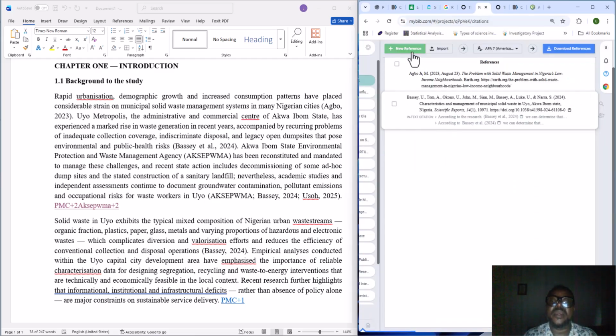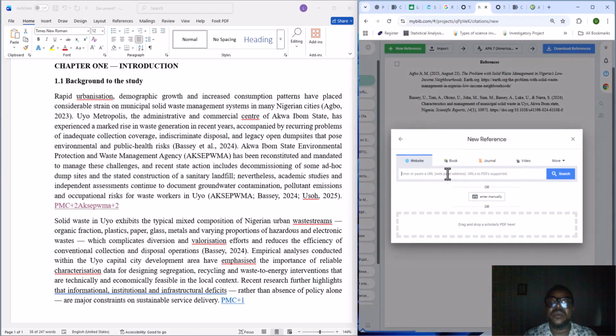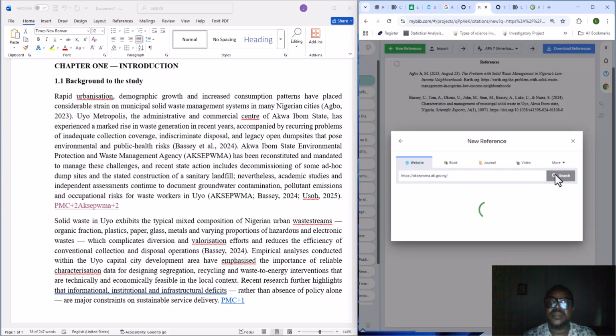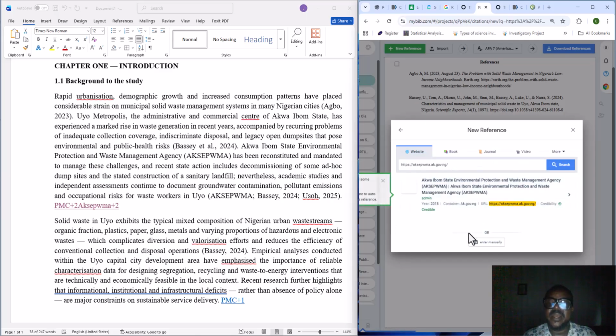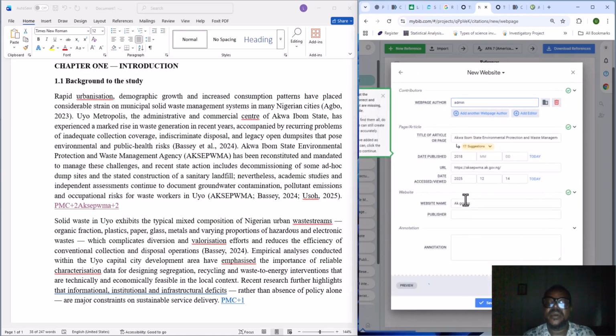And we add, this time around it is actually a website, so we choose web content and search, and it is credible. Are you seeing? So who are we going to cite here? The author of this page is actually the website itself, which is ACSEP-WAMA.